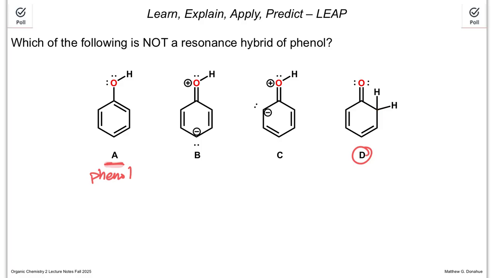So that's not resonance. So A, B, and C are all hybrids. And again, the hybrid is really a representation of where electron density is or is not.